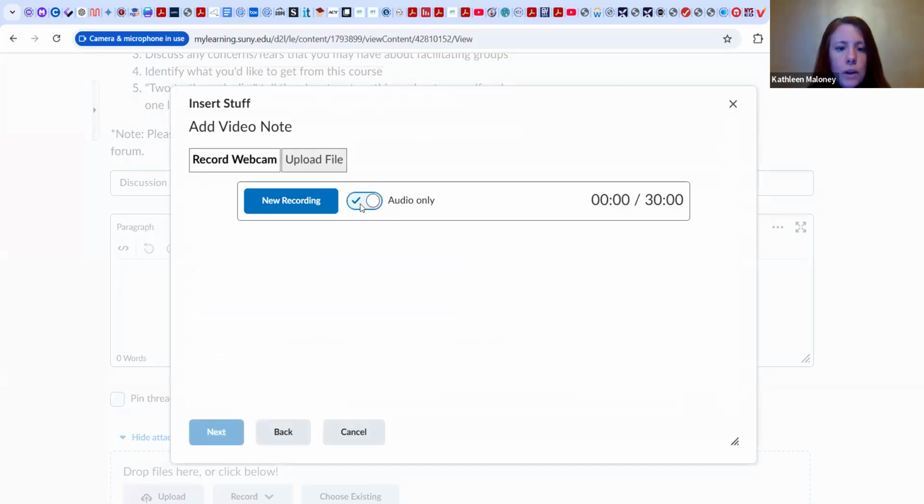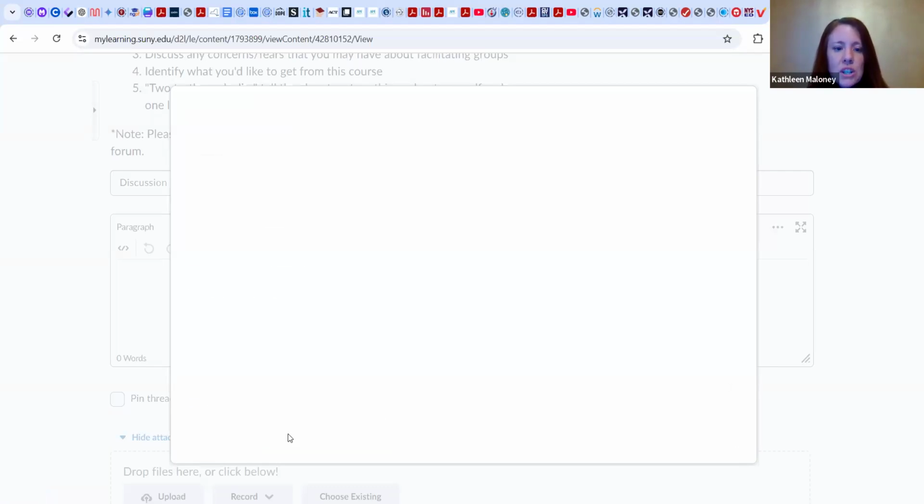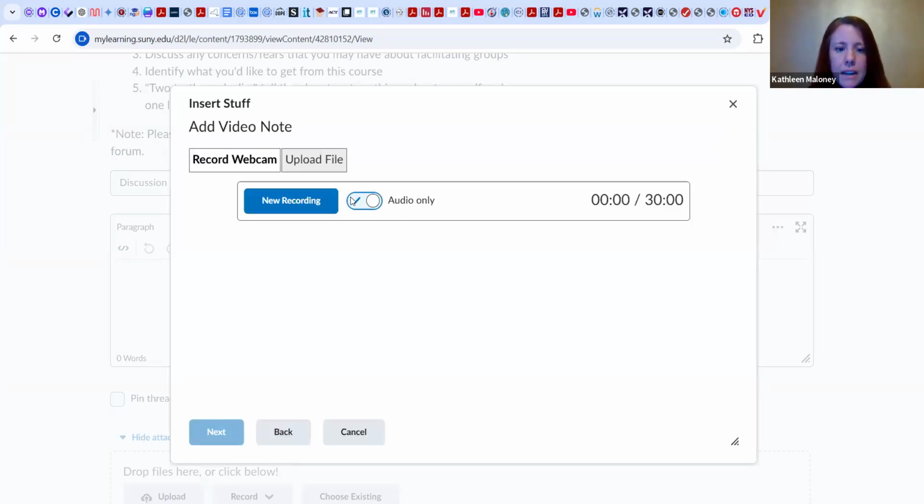Make sure that you click video, and it's not going to let me because I'm currently accessing my video. But once you click on that little piece that I initially showed you, it'll come up here and it will probably pop up with the video automatically. Just make sure that that's on and that you can see yourself. Once that's completed, it'll ask you to submit it, and then it will submit to the post, the discussion board.